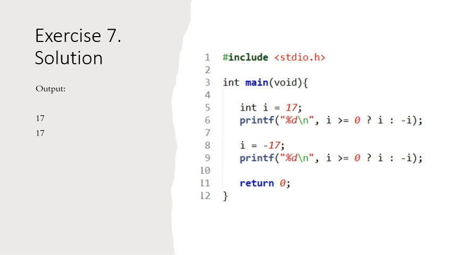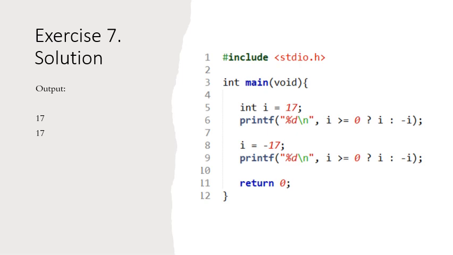So let's check what if the value of i varies. First, we would like to know what the result of this expression would be if i has the value 17. 17 is greater than or equal to 0, and it is true because 17 is greater than 0, so it will evaluate i, this first expression.